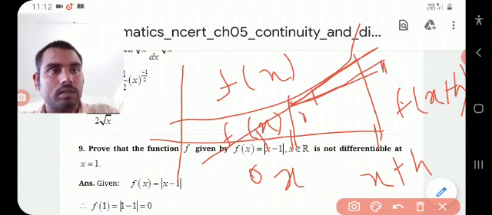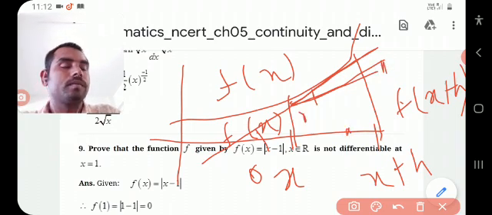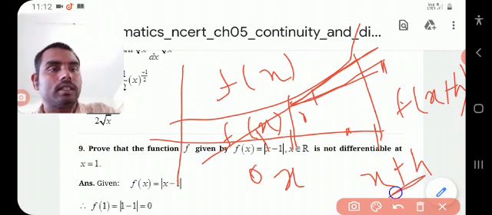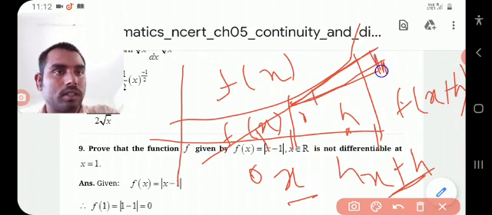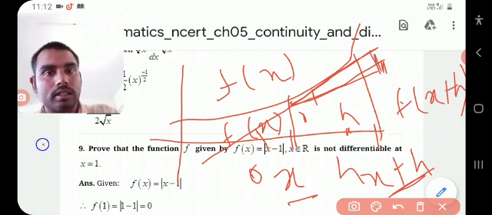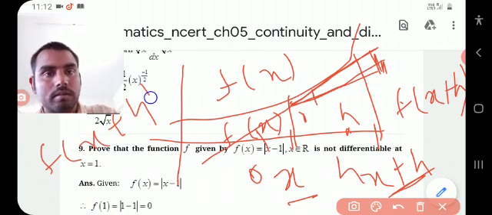Suppose this line is parallel to that line, and their distance is h, so this distance is also h. So this height is f of x plus h minus f of x.